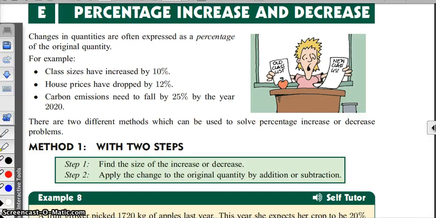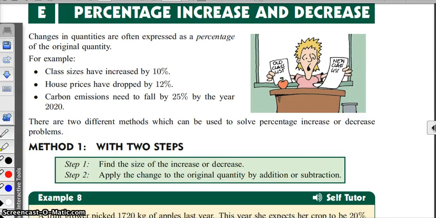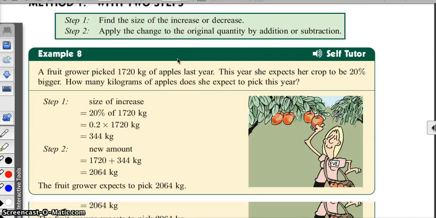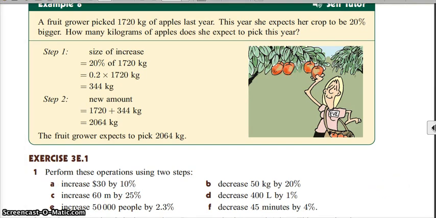Now, whenever we have a question with percentage increase and percentage decrease, we've got to look for the language in the question. The language we're looking for is seen here. A fruit grower picked 1720 kilograms of apples last year. This year she expects her crop to be 20% bigger.